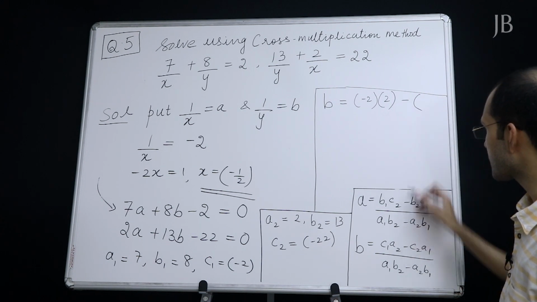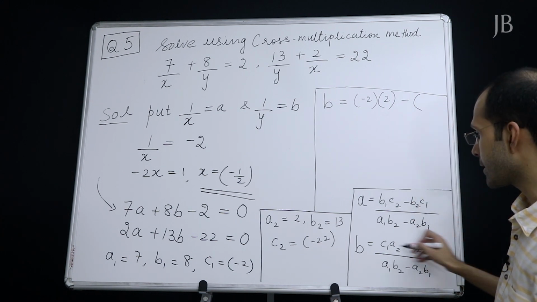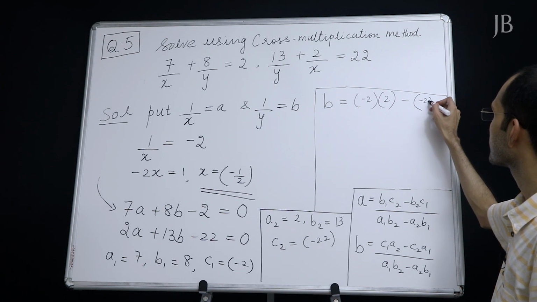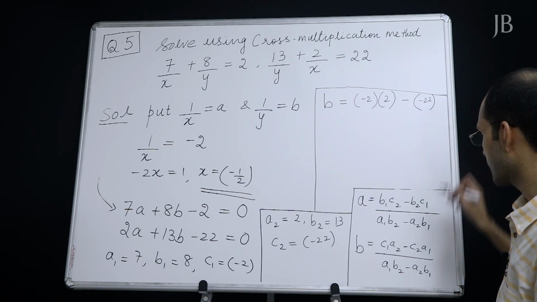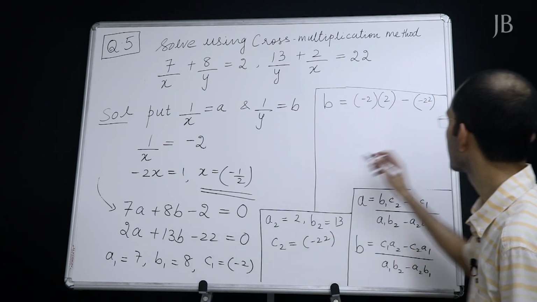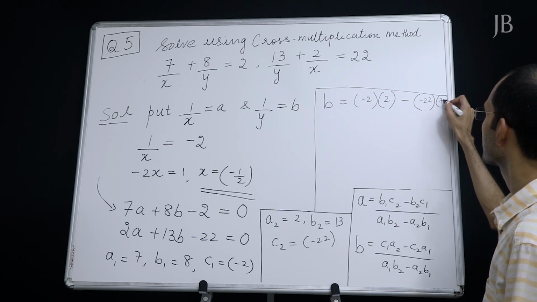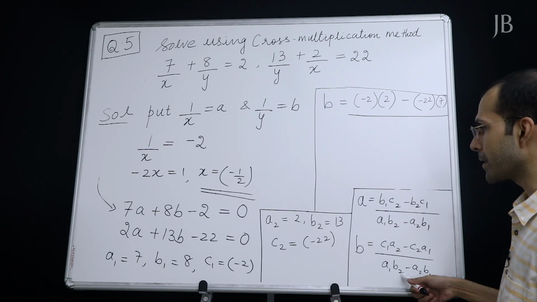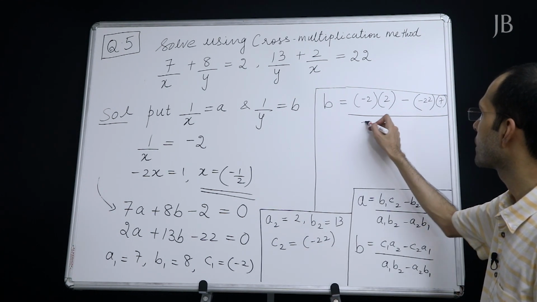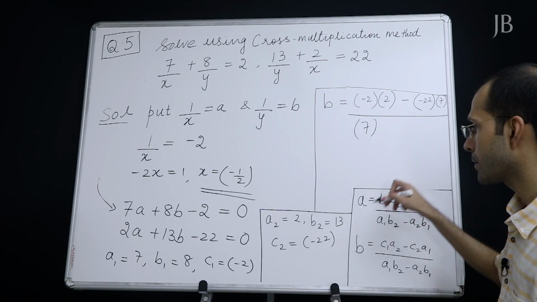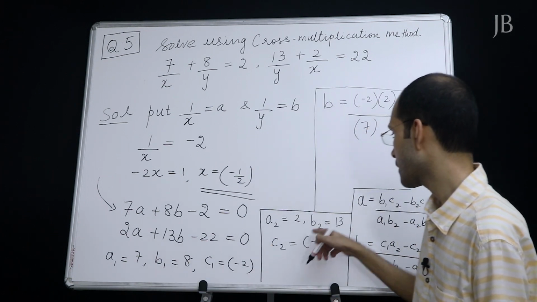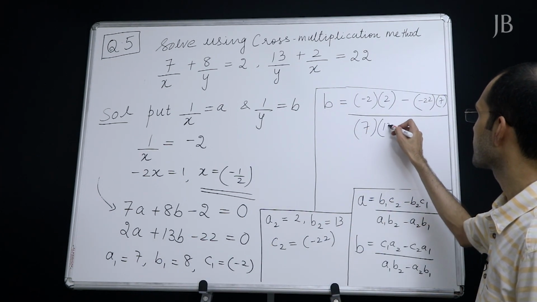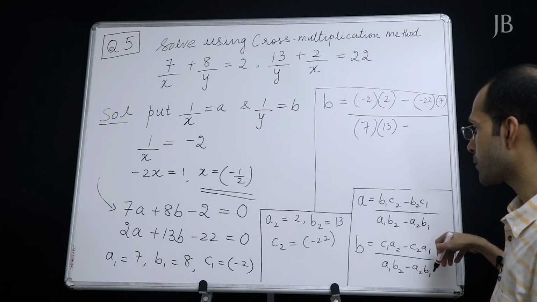So this minus comes because of the formula, and C2 is minus 22. A1, divided by A1 B2 minus A2 B1.